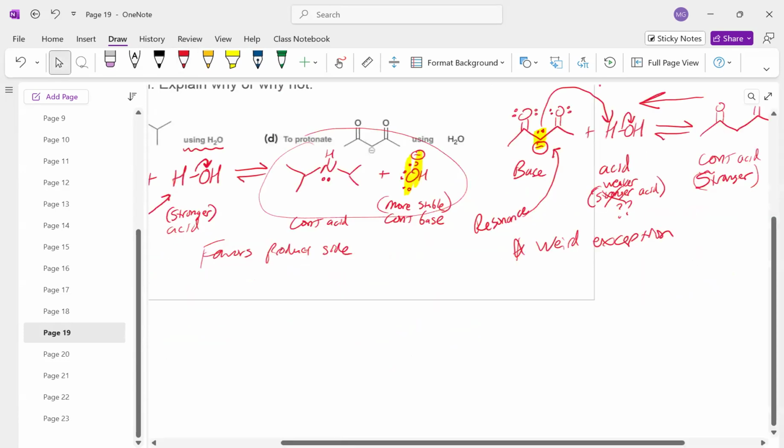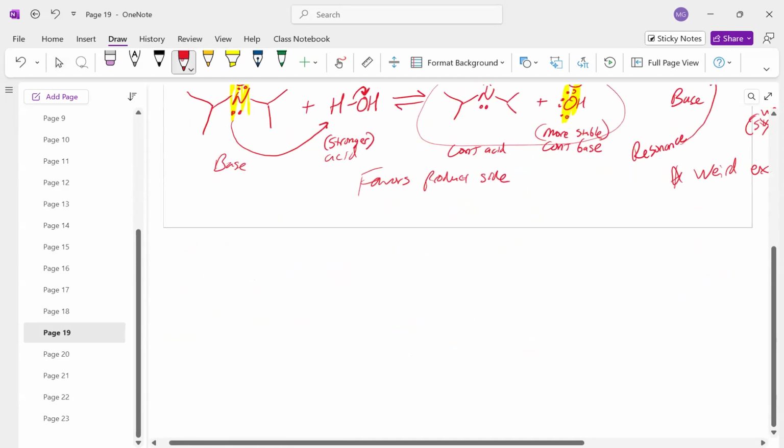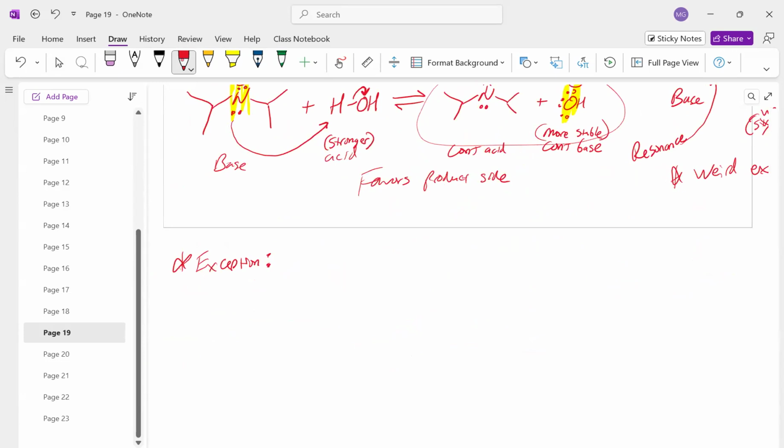Now, a similar sort of exception to know, and we're going to see this quite a bit in a couple of chapters, is when we use a really strong base like NH2 minus to deprotonate something called a terminal alkyne.